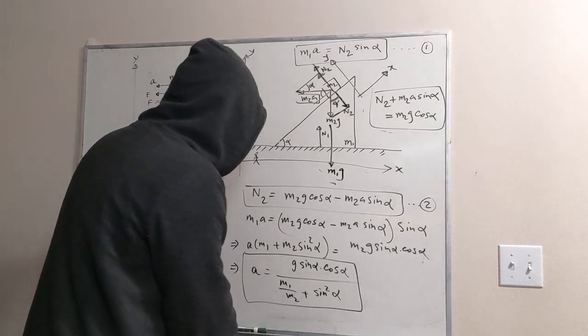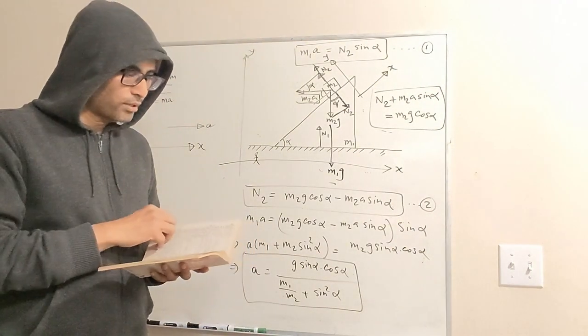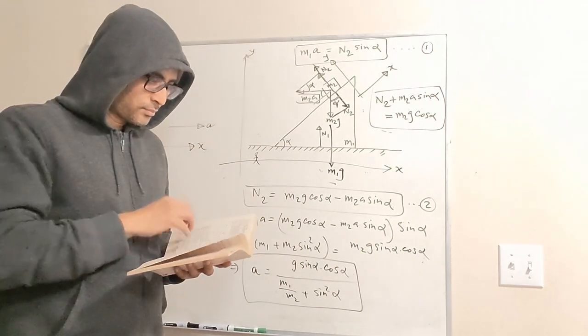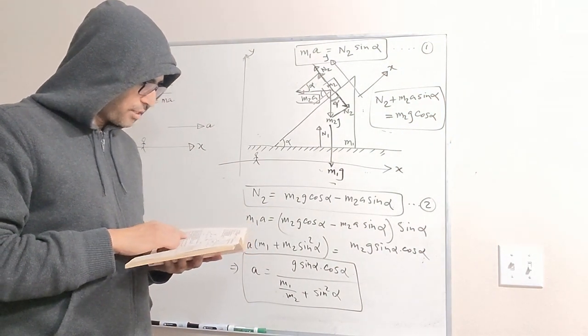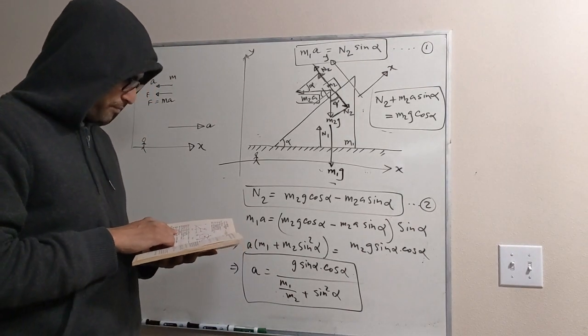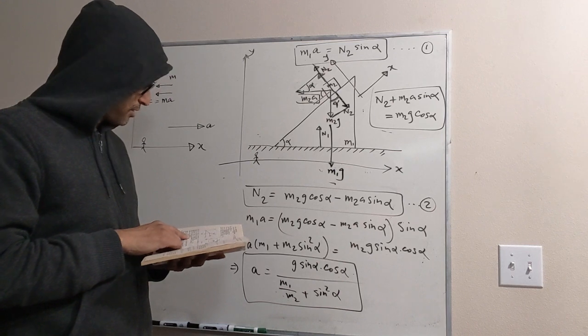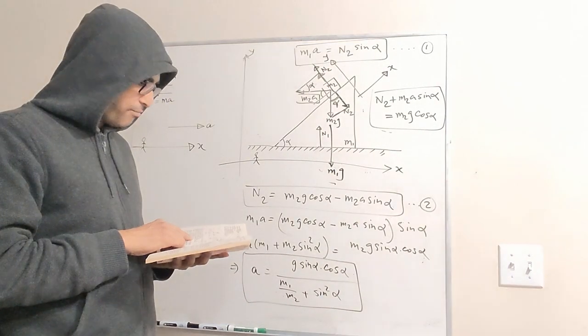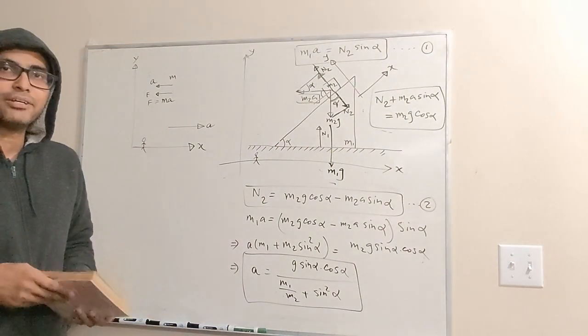And let's make sure this answer is correct. So this is 1.81. Acceleration is G sin alpha cos alpha over sin square alpha plus M1 by M2. That is exactly what you got here.